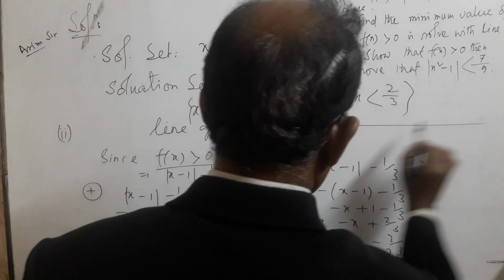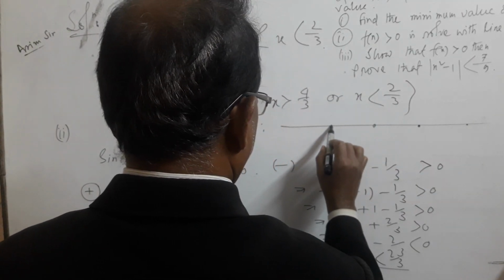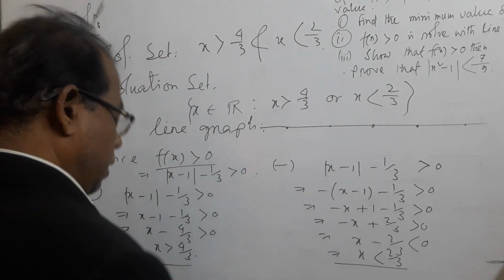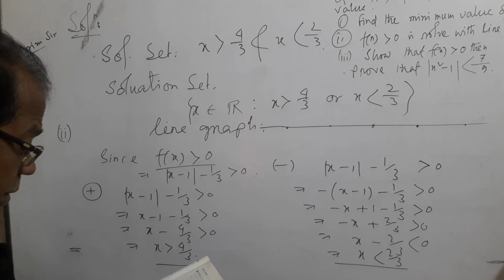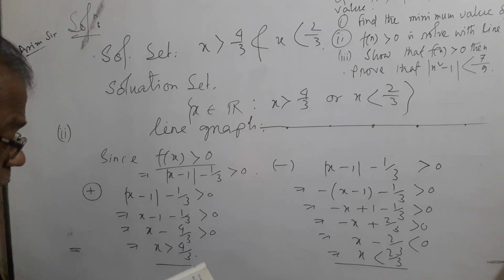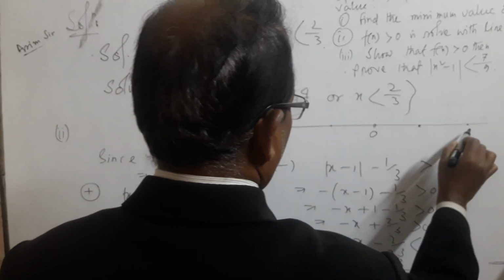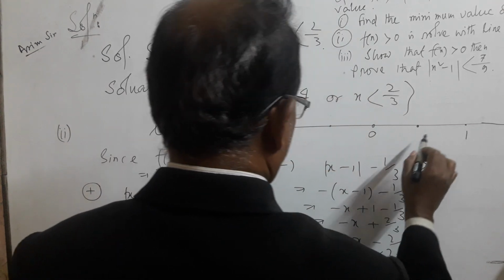The line graph is easiest. So 0, 1, 2, minus 1, minus 2, and you have x greater than 4 divided by 3. So 0, 1, that's the point.